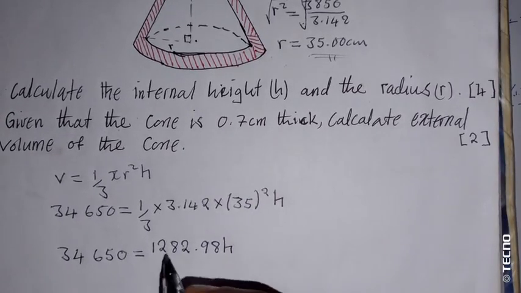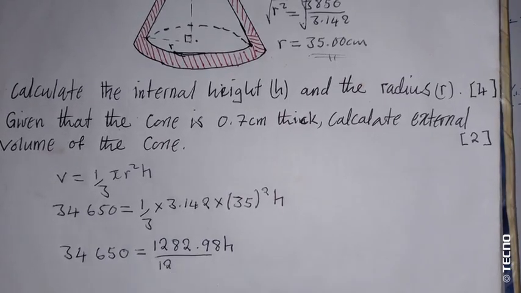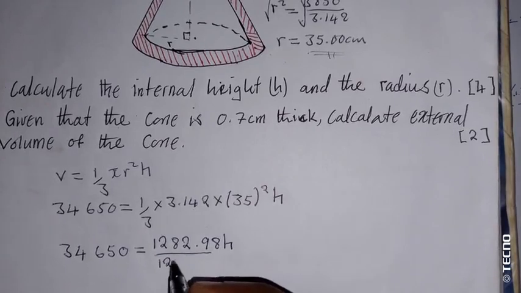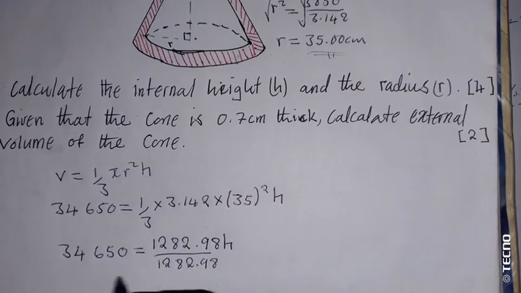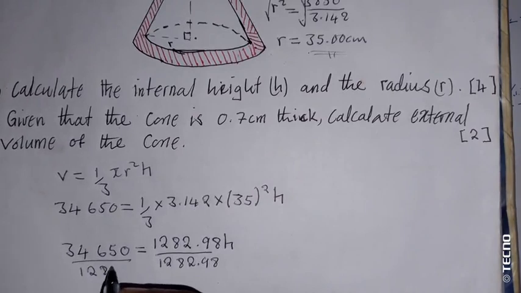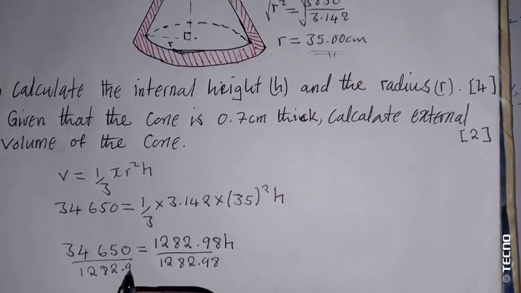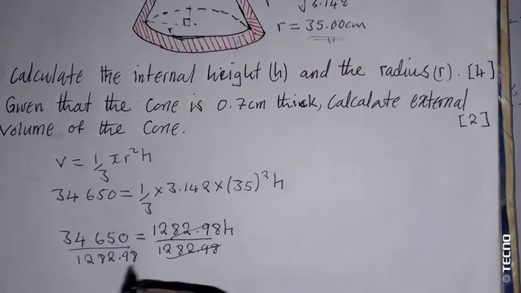Then we divide by 1282.98 on both sides, even this side, and this will cancel.